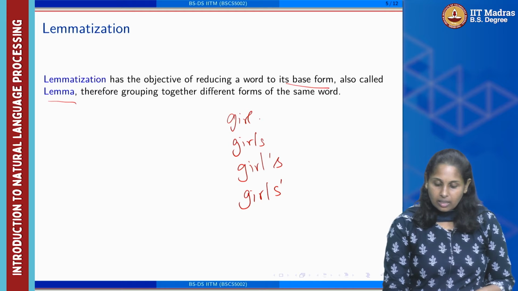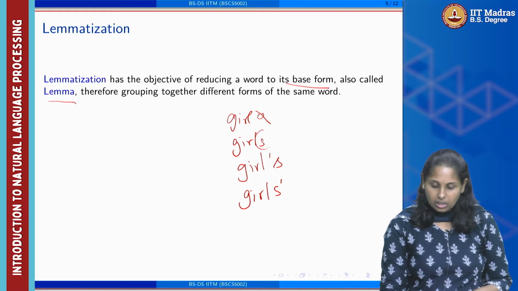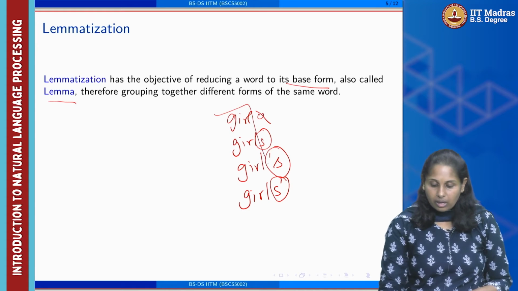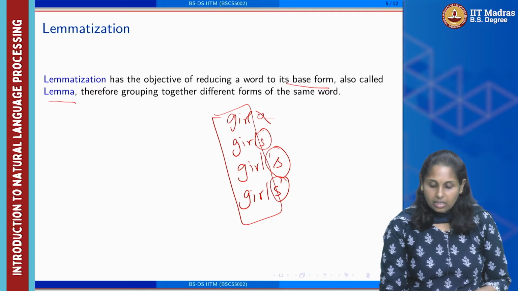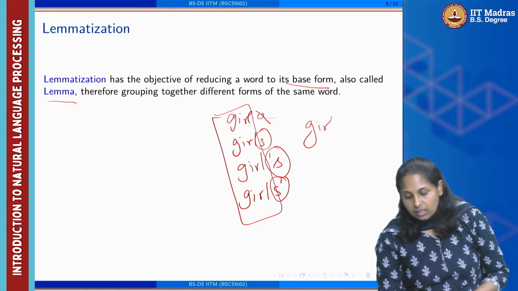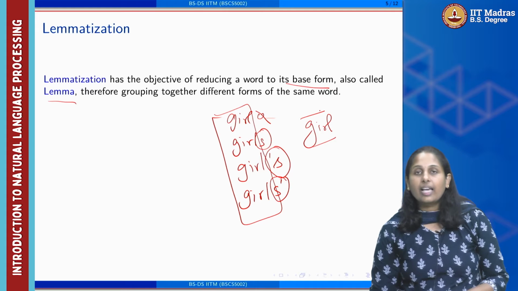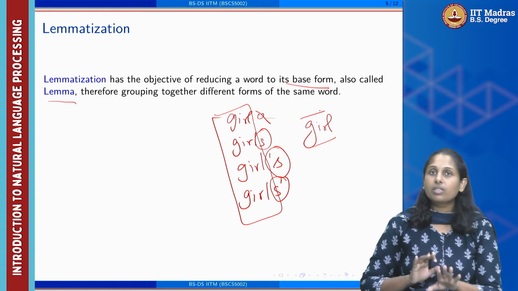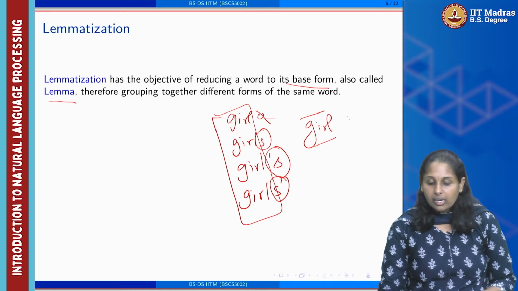The suffixes here are, in this case, zero, s, apostrophe s, and s apostrophe. The reduced information after deleting all the suffixes is girl. Girl is realized differently in all these contexts by the addition of some kind of suffixes. So, girl is the lemma.